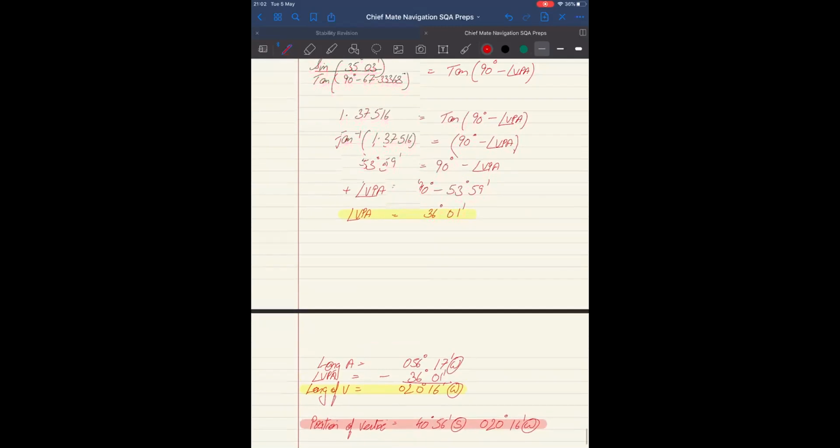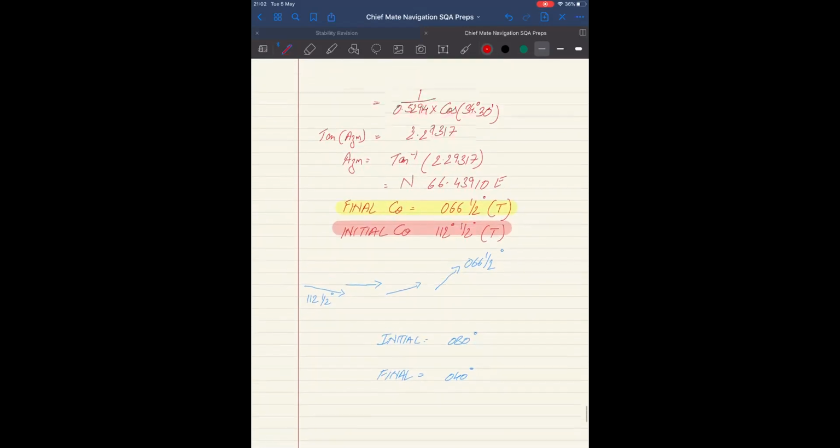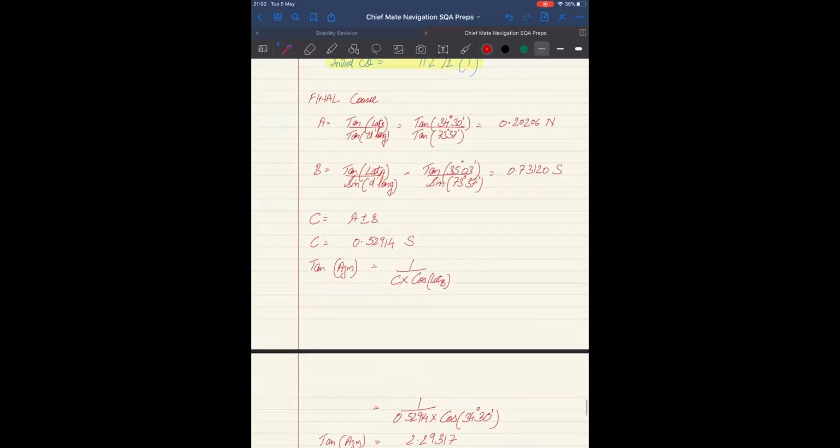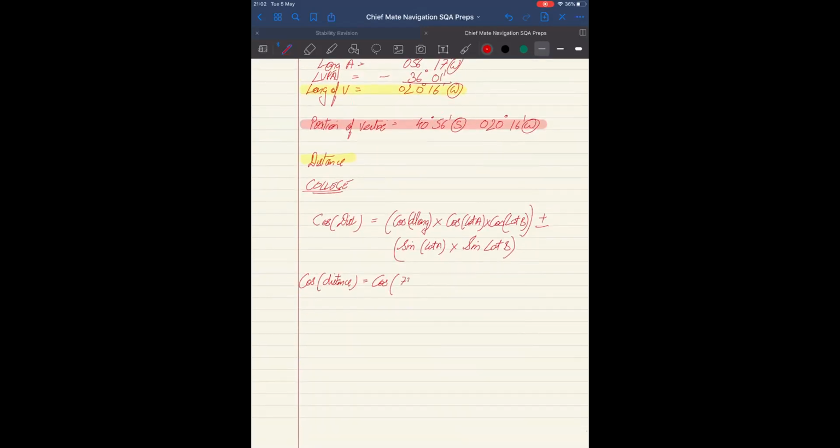D long was 73 degrees 37 minutes, times the cos of lat A, which is 35 degrees 03 minutes, times cos of lat B, which is 34 degrees 30 minutes.